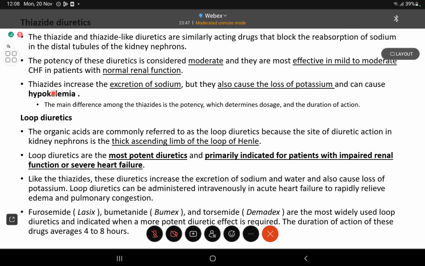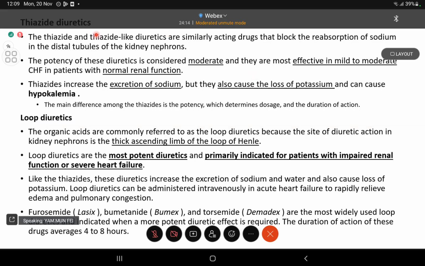So thiazide will cause excretion of sodium and may also cause loss of potassium. That's why it may introduce hypokalemia. So hypokalemia is a major side effect of all diuretic drugs except aldosterone antagonist. Okay.